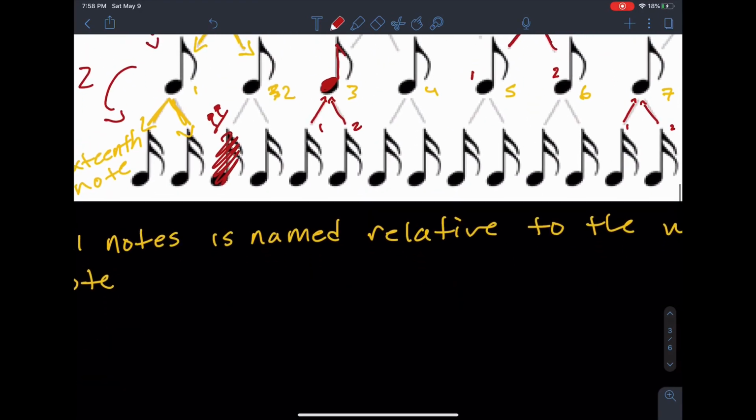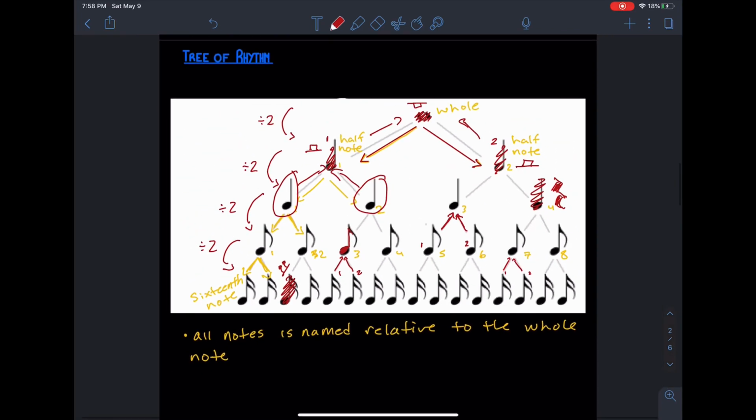So the question is, how many 16th rests fit into a whole rest? Okay, well, we just have to count. There are 1, 2, 3, 4, 5, 6, 7, 8, 9, 10, 11, 12, 13, 14, 15, and 16. There are 16 16th rests in a whole rest.